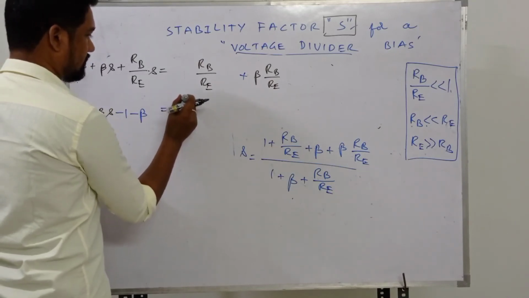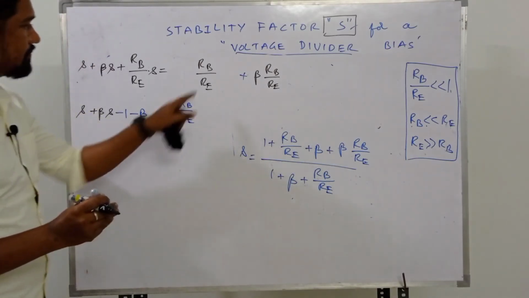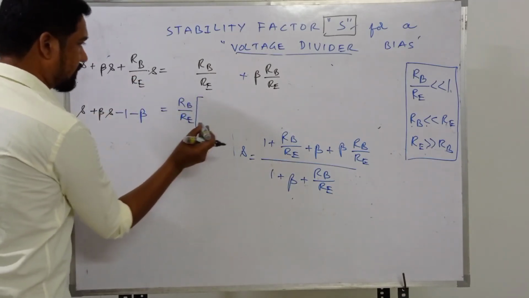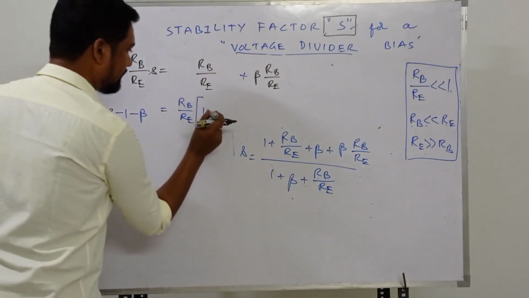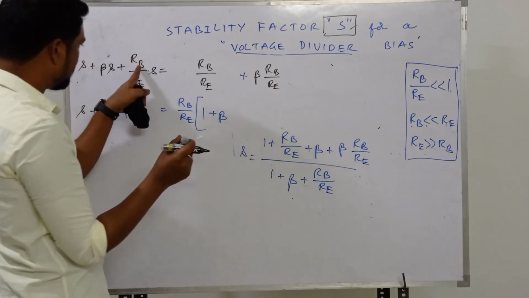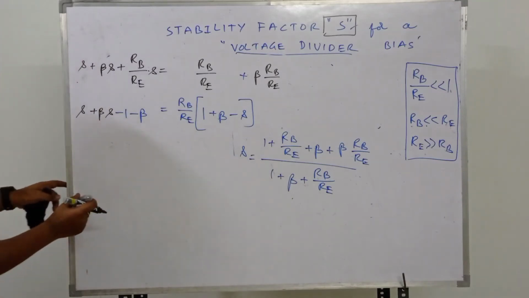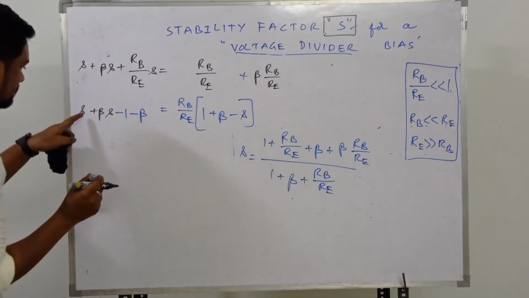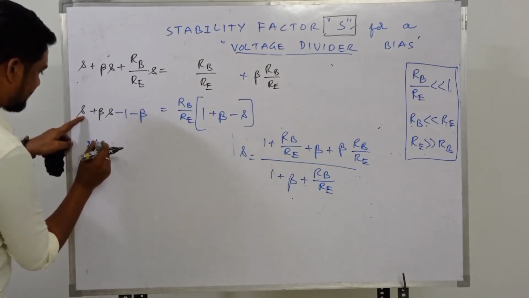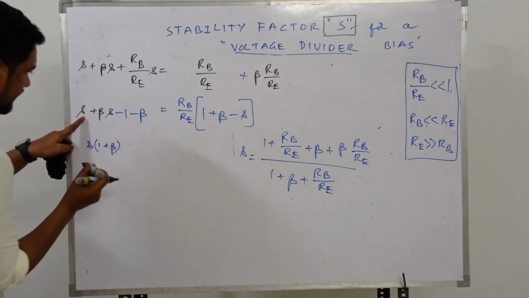Okay, it's positive, which is equal to, guys, RB by RE as common from this and this, right? So RB as common, from here it will be 1 plus beta. It's positive this side, to that side it will be negative, and taking out RB as common, that will be minus S. And over this side, a small simplification: it's S from here and here. What do we have? S, and S has come out, 1 plus beta. Close the bracket.